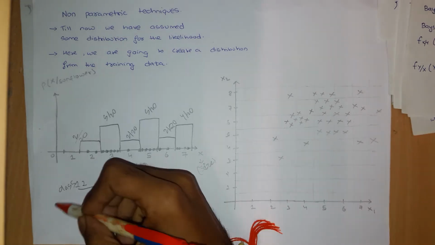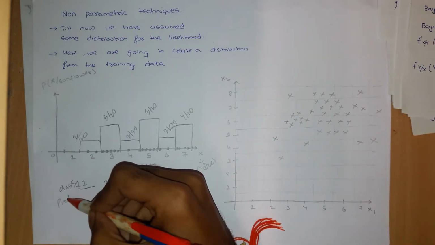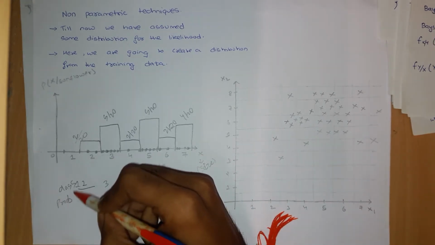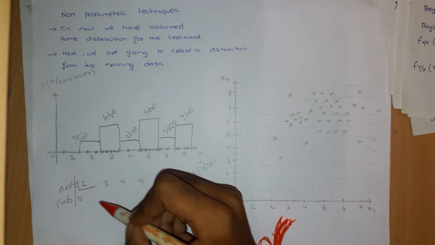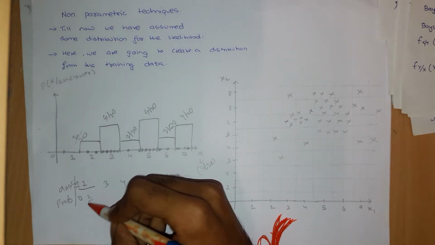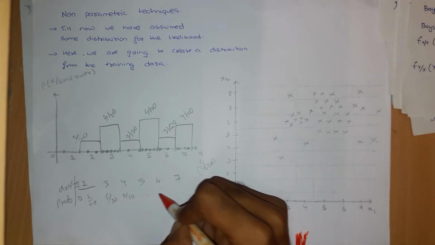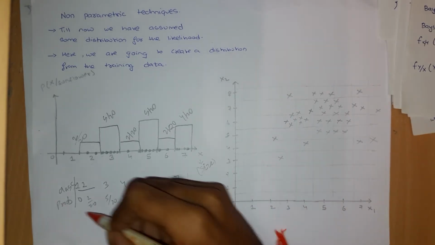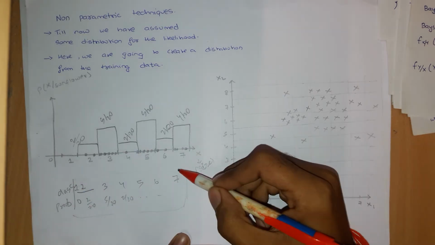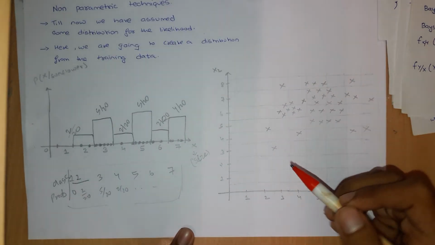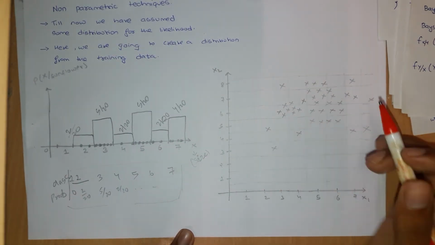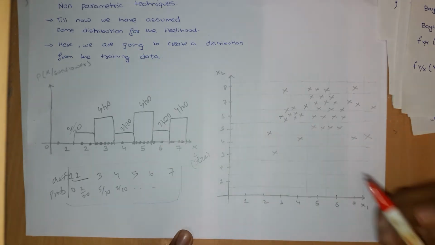So these are my classes, and I am going to store its corresponding probability. So there is a 0, there is a 2 by 20, 5 by 20, 2 by 20, and so on. So this is what I am going to store. Okay, so we were nice up till here. I hope this is clear to you.